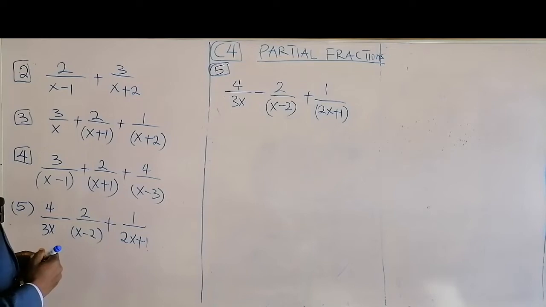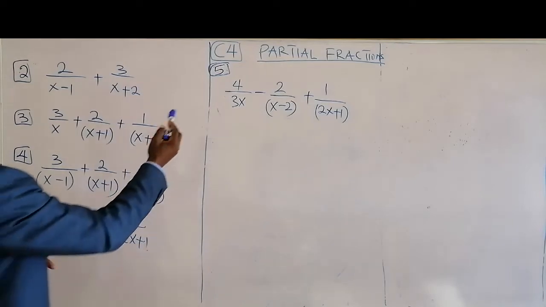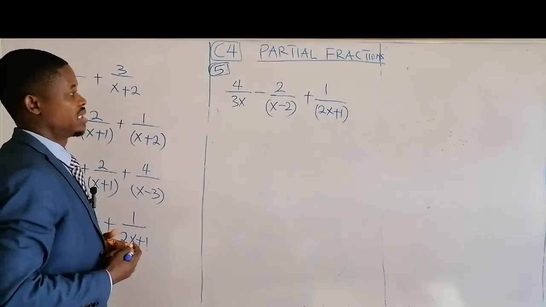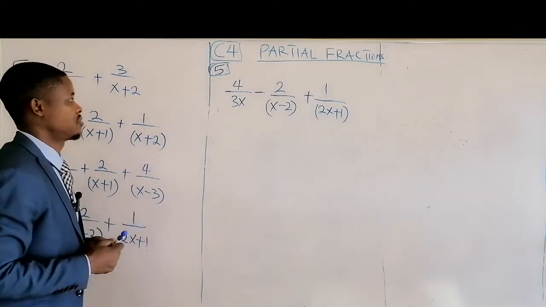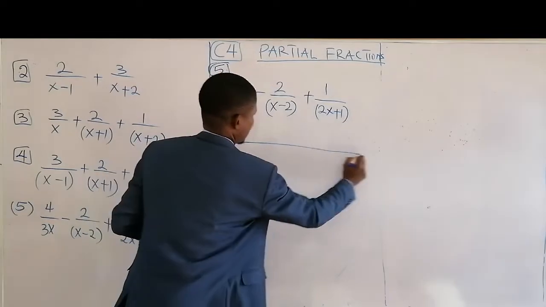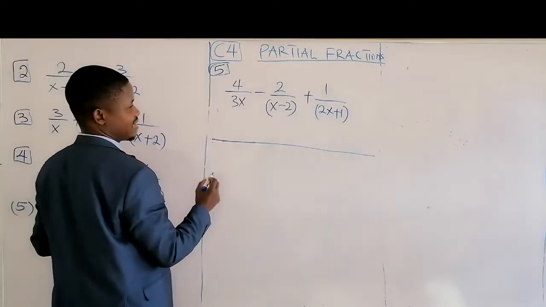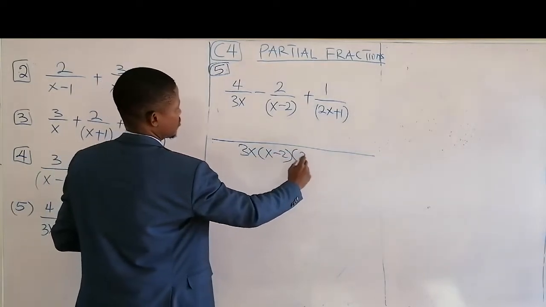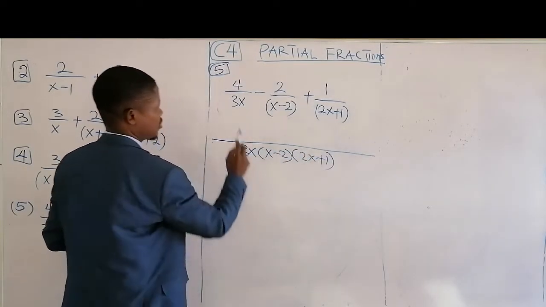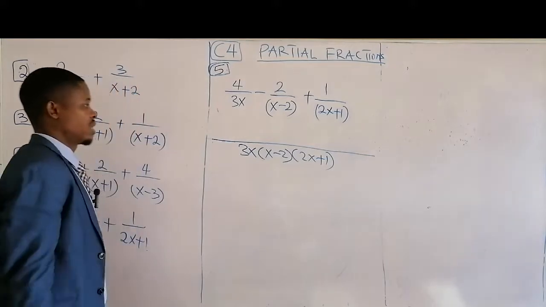Yeah, the last question, question 5, we have this question, and we are told to express as a single fraction. So without wasting time, the LCM will be 3x into bracket x minus 2, 2x plus 1. Just multiply this, put them together.